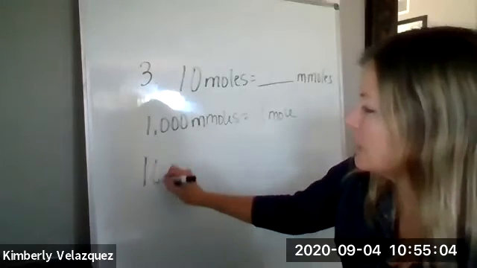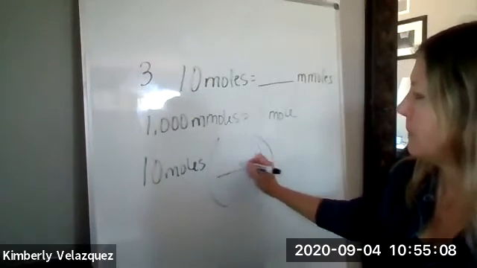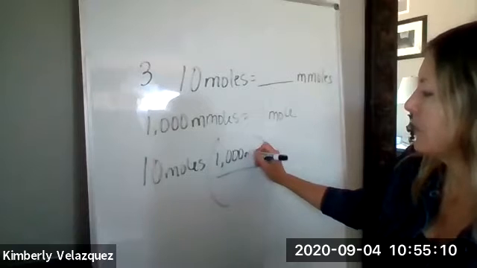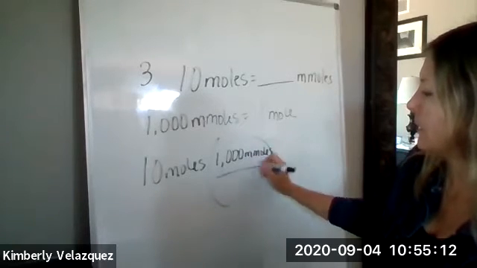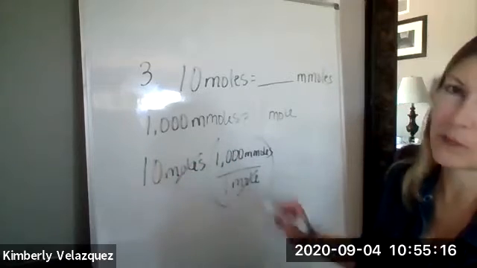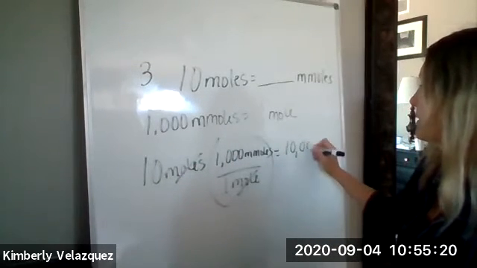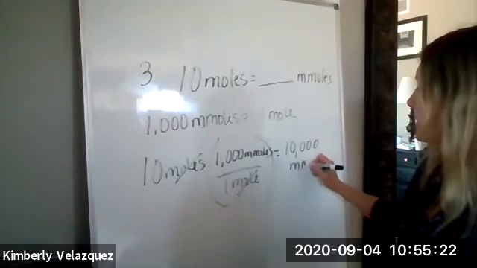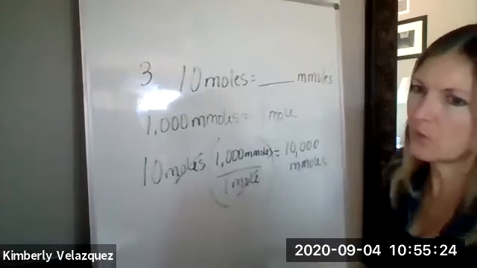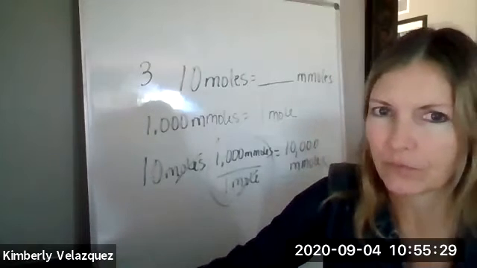So 10 moles times 1,000 millimoles in 1 mole. Moles cancel out. So basically, you're just going to multiply by 1,000. So that would be 10,000 millimoles. So for each one of those, you're just going to multiply it by 1,000 for number 3.